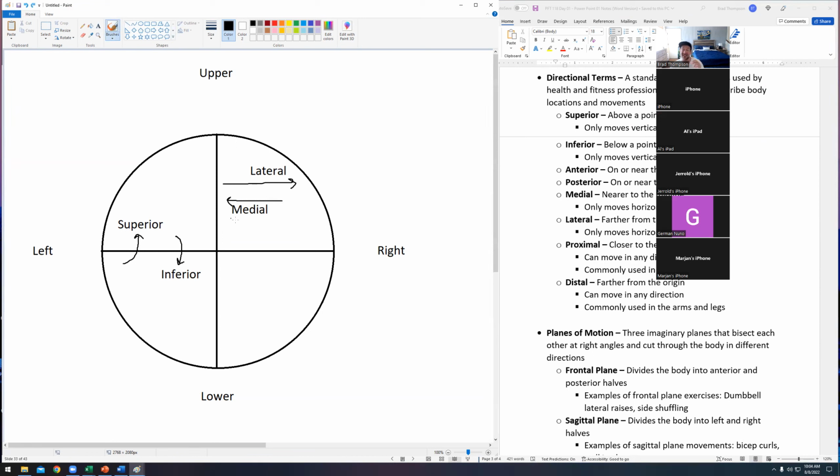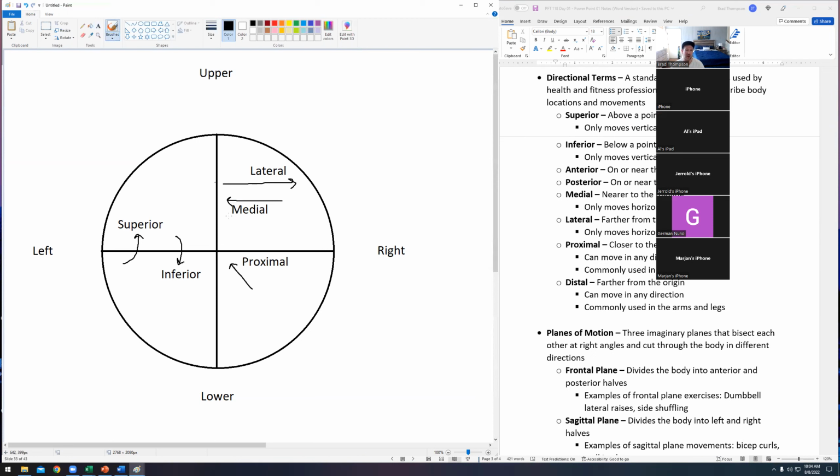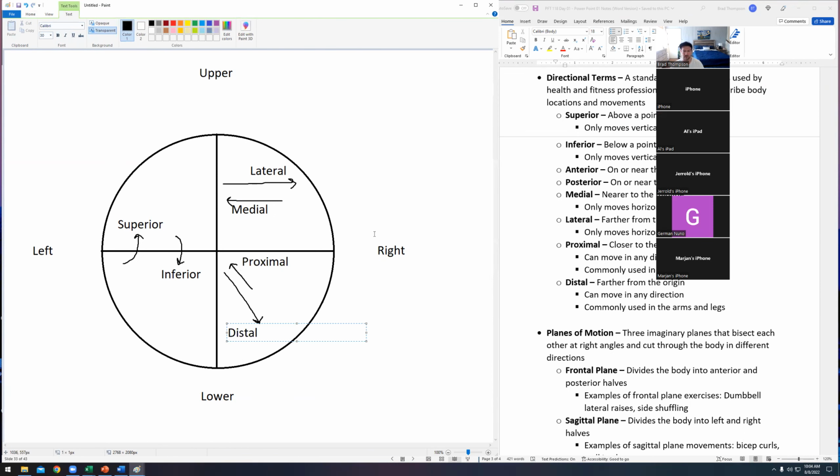So the center of the circle is where both middles meet. If something is closer to the center, moving at a diagonal here, that is what we consider to be proximal. And if it is moving away from the center of something, that is what we consider to be distal.